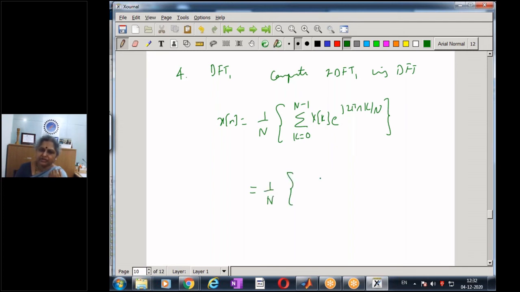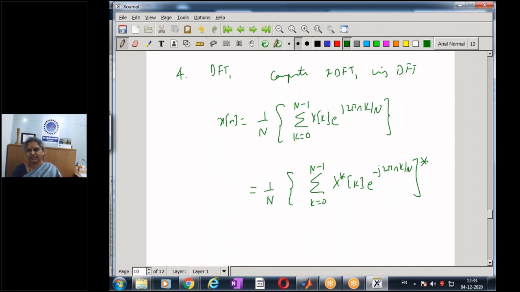Let me just make small changes in this. Let me write this as sigma k equal to 0 to N minus 1, and put a conjugate on all the terms: x conjugate of k e to the power of minus j 2 pi nk by N. I'm putting a conjugate within the bracket and outside, so they get cancelled.